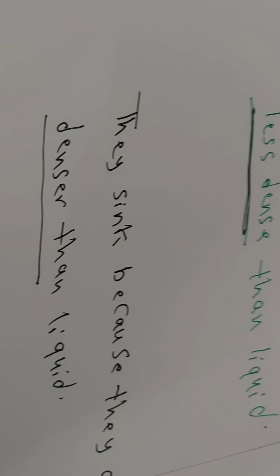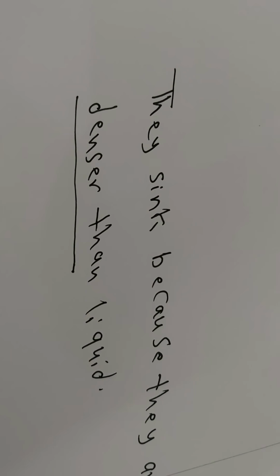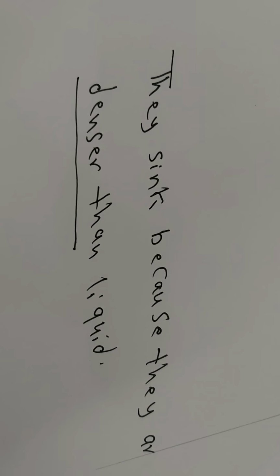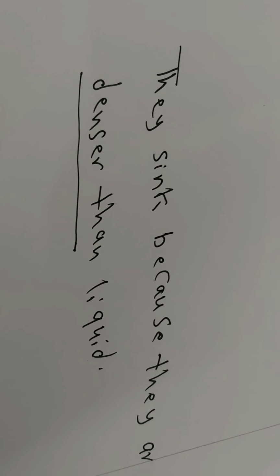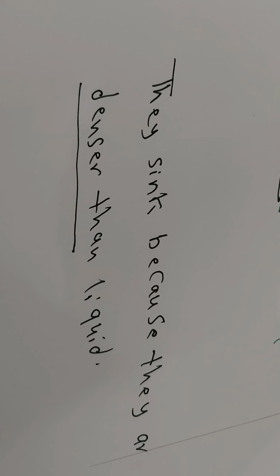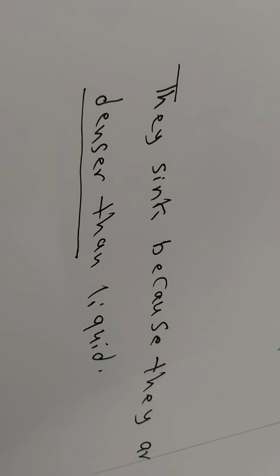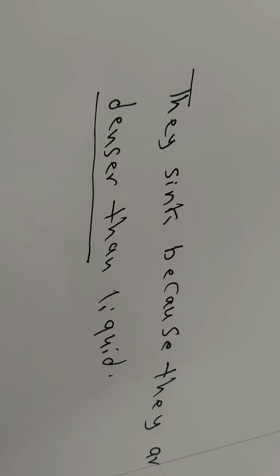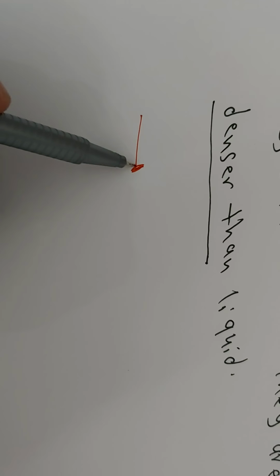The density of a nail is greater than the density of water, so the nail sinks. Okay? So floating and sinking are related to density. Okay, now the question. We said the nail will sink.